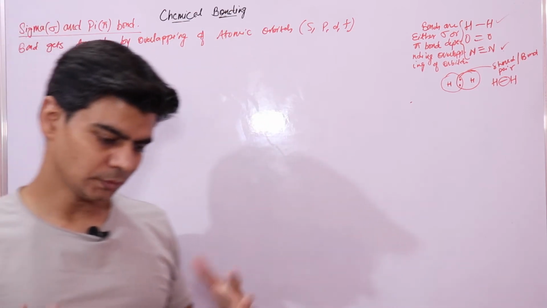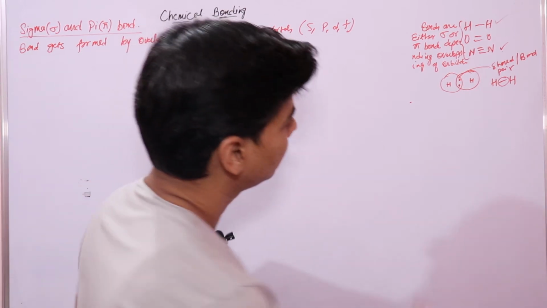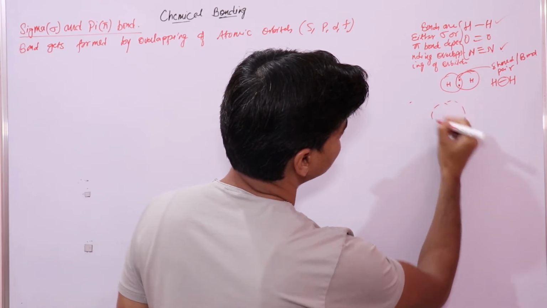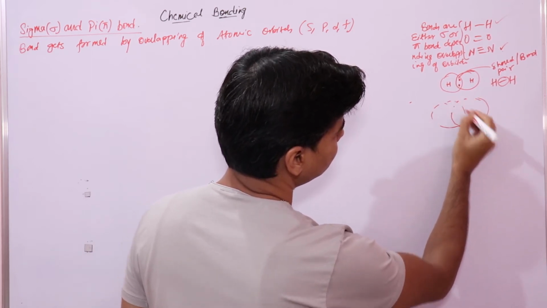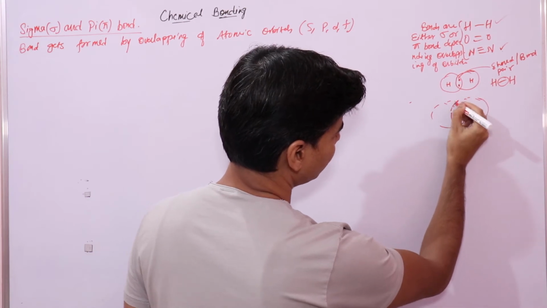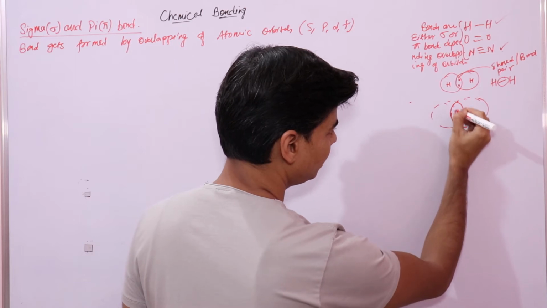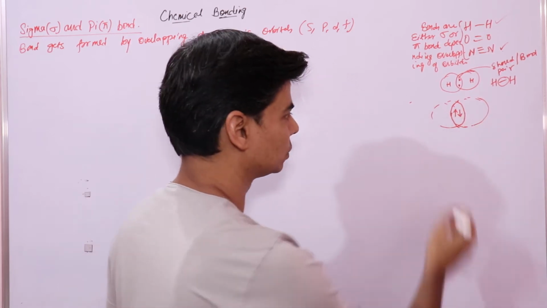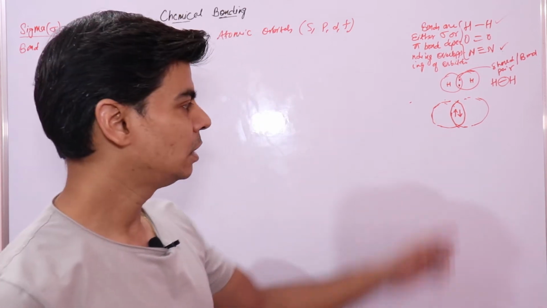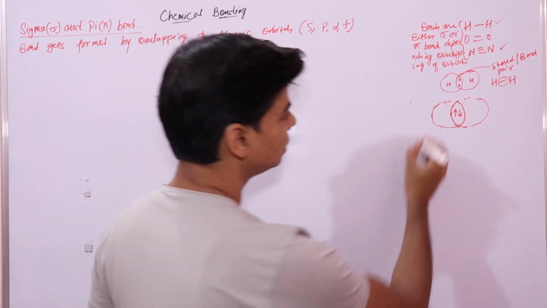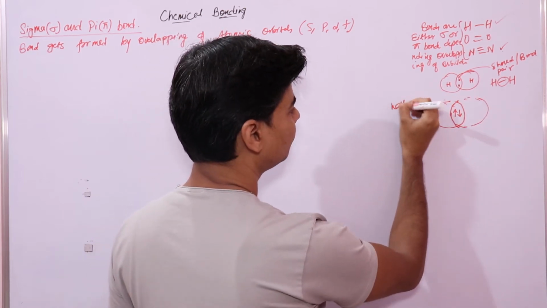Now depending on the type of orbital, suppose this is an orbital and this is an orbital, these two orbitals overlap, and this is your overlapping region. What kind of orbitals are these? We have discussed this in the previous lecture: before overlapping, these are half-filled orbitals.